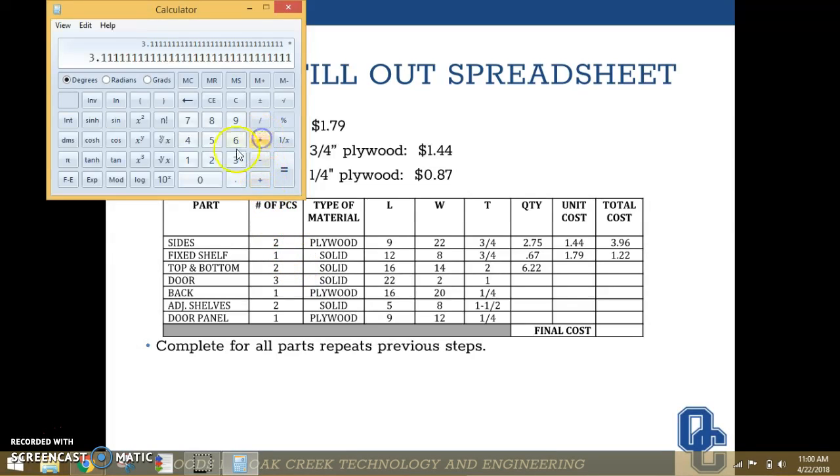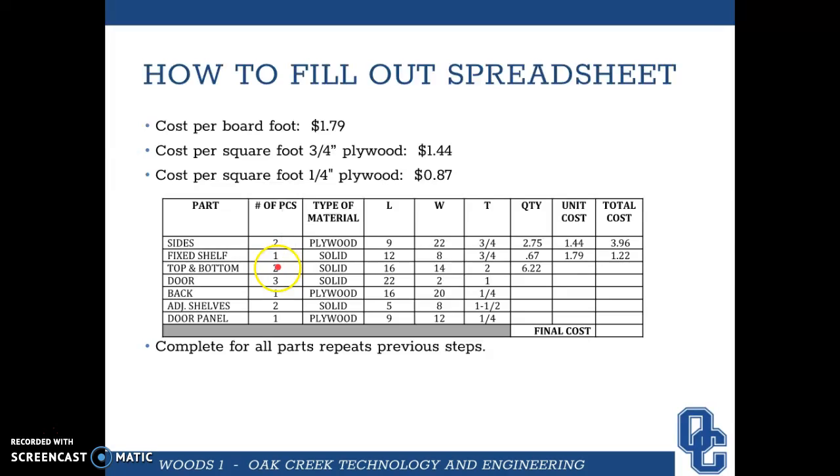So let's go ahead and do this times 2. And now we have our 6.22. Gotta pay attention to our number of pieces here, or else it's going to really mess up your cost estimate.